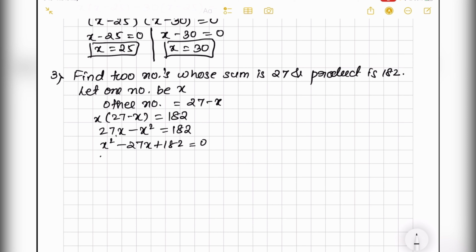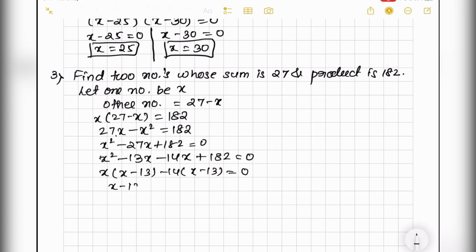Now solving this equation, we need factors of 182 whose sum is -27. So -13 and -14 are coming. So x² - 13x - 14x + 182 = 0. Taking x common, x(x - 13), taking -14 common, -14(x - 13), so (x - 13)(x - 14) = 0.